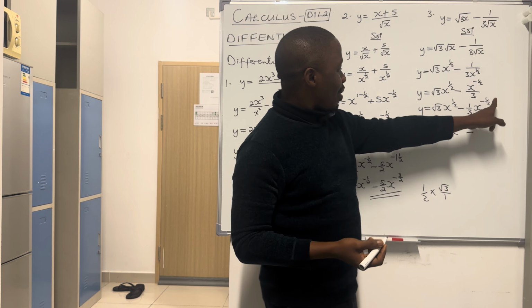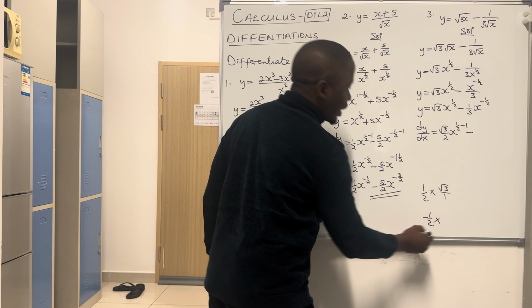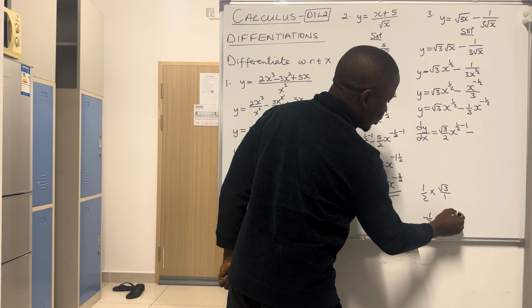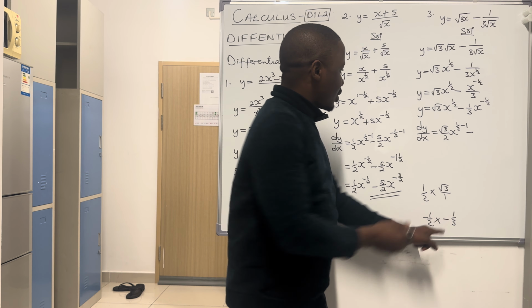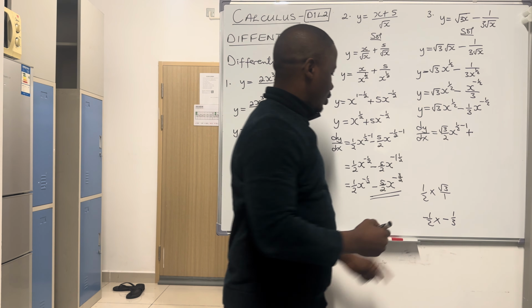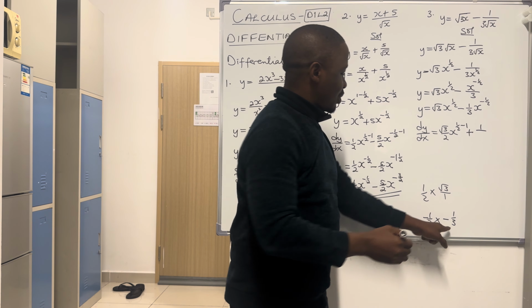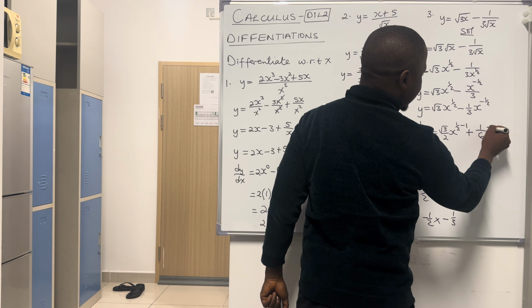Now again, the power is minus half times the coefficient minus 1/3. Minus times minus will give us plus. 1 times 1 is 1, 2 times 3 is 6. Then we say x.